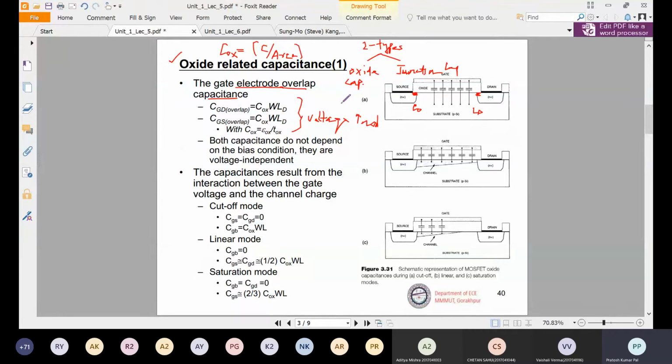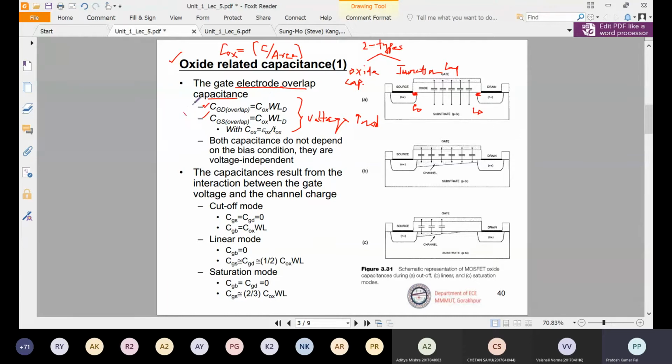From this equation we can find out that the CGD and CGS because of overlap region will not have any dependence on voltage. It is like a voltage independent capacitance.